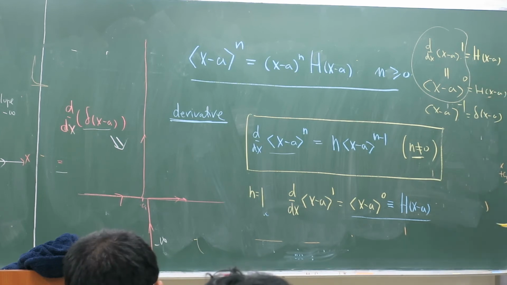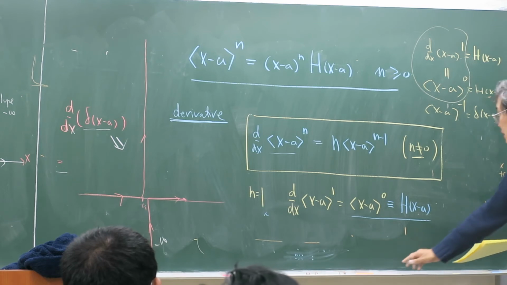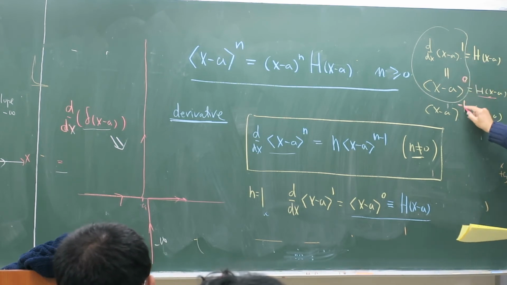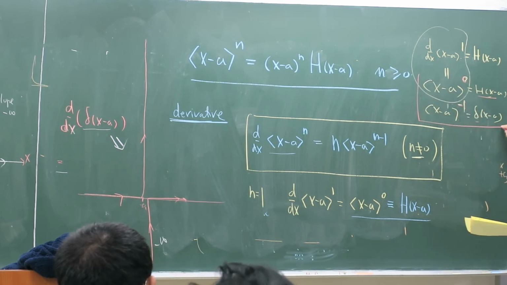So the 0 is Heaviside, minus 1 is delta. Keep in mind these two.